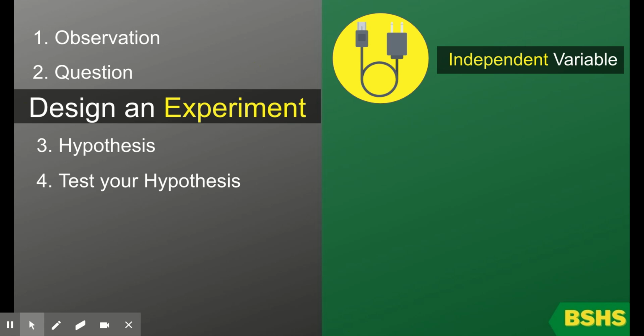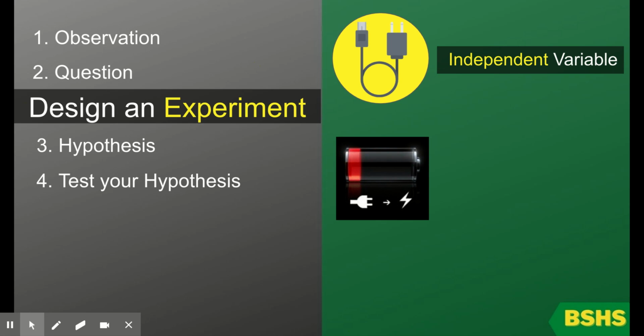You test your hypothesis. So you go out, you buy a new charger, and you plug it into your phone, and you come back in a few minutes and you look and your phone still isn't charging. So when you are checking your phone, you're checking something specific. You're checking the battery.